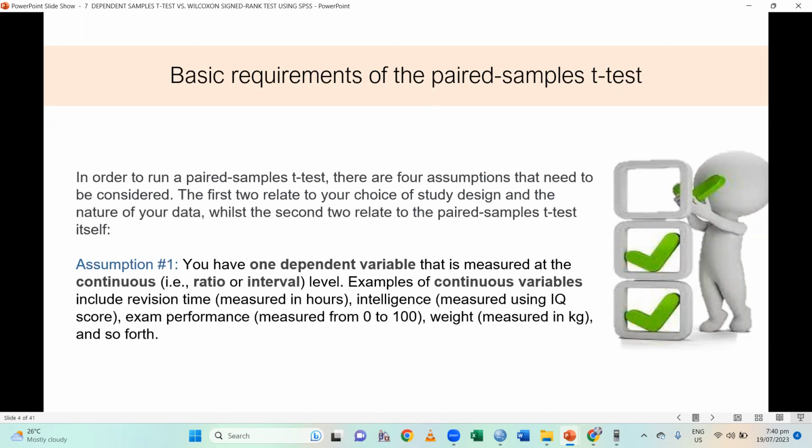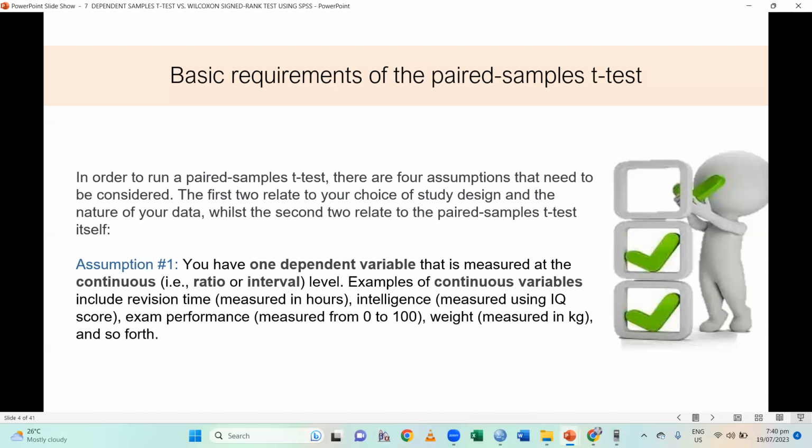The first assumption is, ma'am, please read again. In order to run a paired samples t-test, there are four assumptions that need to be considered. The first two relate to your choice of study design and the nature of your data, whilst the second two relate to the paired samples t-test itself.